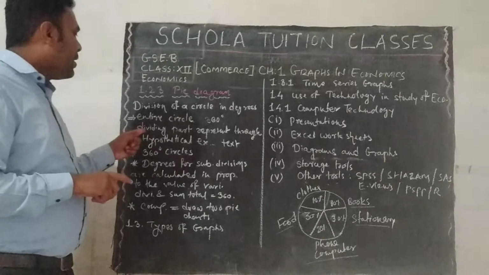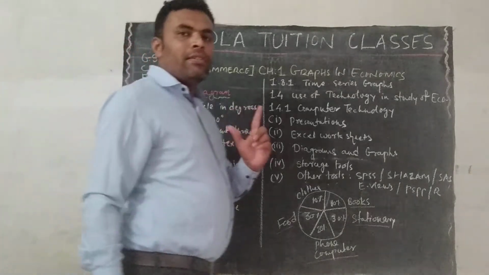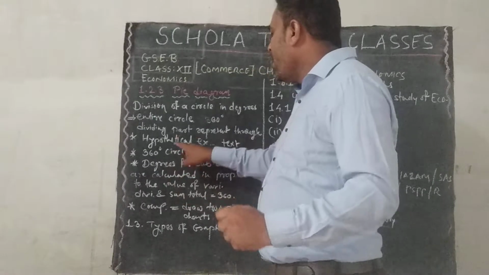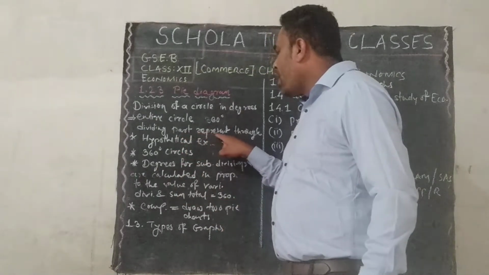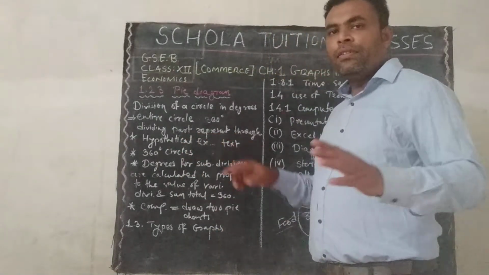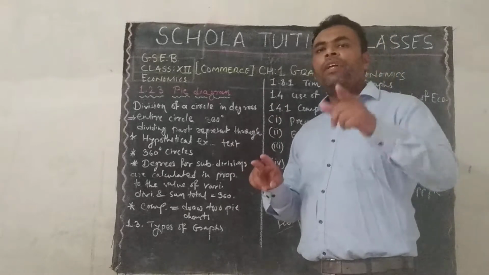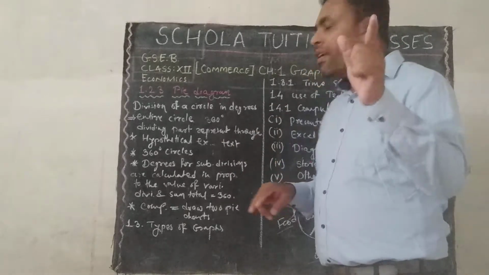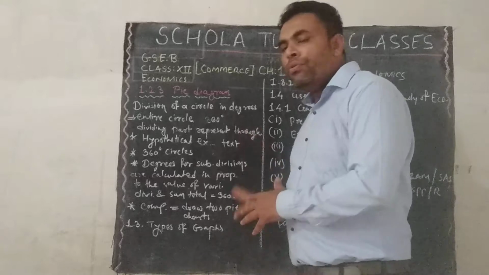Now the divided parts of that chart are represented through the pie chart.